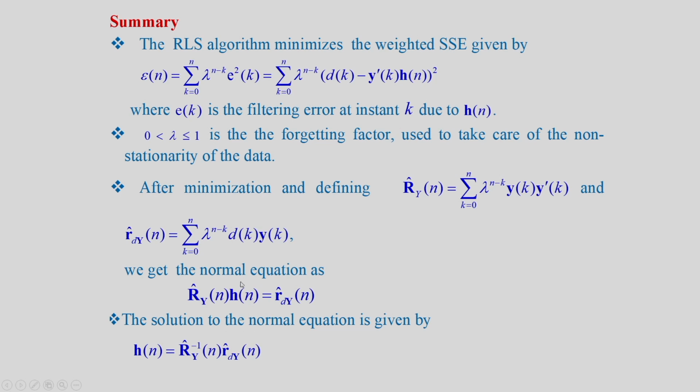The solution to the normal equation is given by h n is equal to, because we have to invert this, R y hat inverse n into R dy hat n vector. So, that way we can find h n.